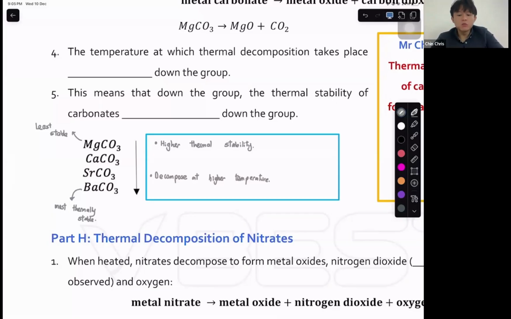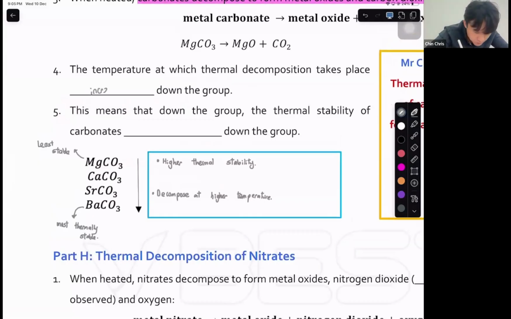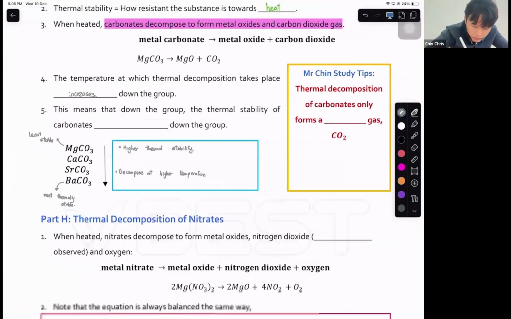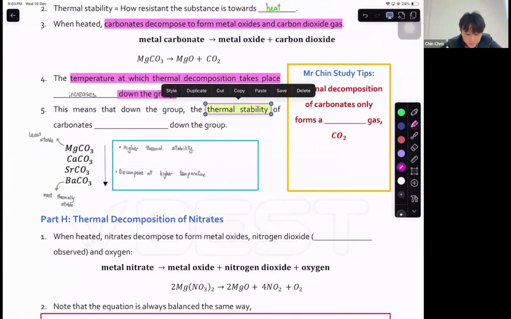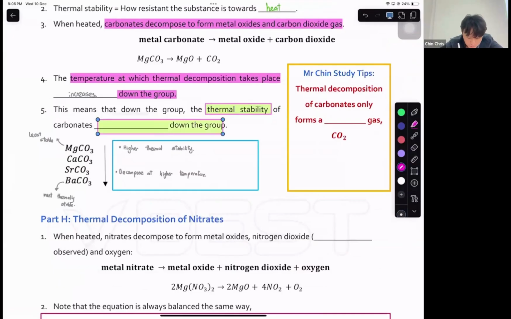The temperature at which thermal decomposition takes place increases down the group. This means that going down the group, the thermal stability increases also. That's it.